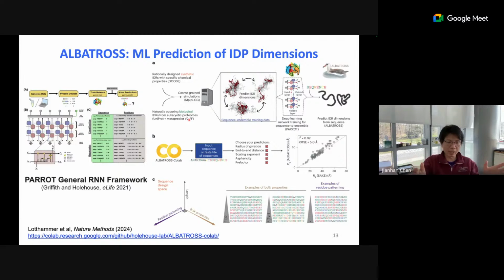You can figure out how big they are, what the end-to-end distance is, whatever conformational ensemble property you might be interested in. Then this can be used as input into a recurrent neural network model to make a predictor, and it becomes even more efficient. Now you can take this predictor, called ALBATROSS, and use it to do design, for example.